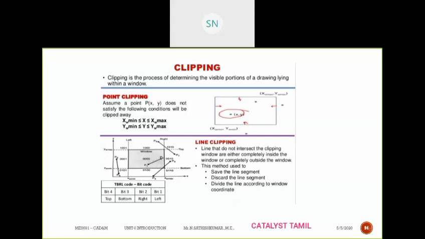If a line is lying in that region, then that bit is turned into 1. It will be only 1 or 0, not other values. The normal formula for assigning the region code is TBRL. What is meant by TBRL here? T represents top, B represents bottom, R represents right, and L represents left.